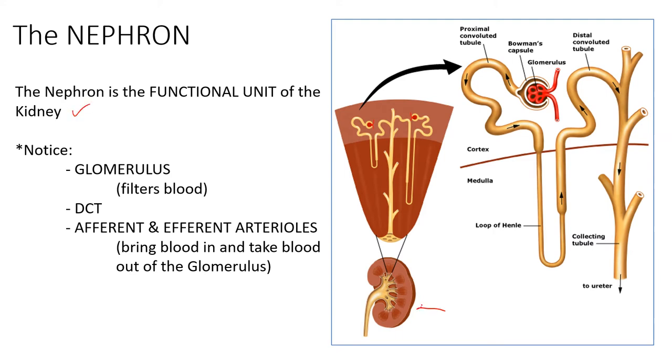So what you've got here is your kidney. If we were to blow up a section of that, you can see here we've got nephron number 1 and nephron number 2. So you can see the 2 different nephrons in the picture, and then they both feed into this structure right here known as the collecting duct.